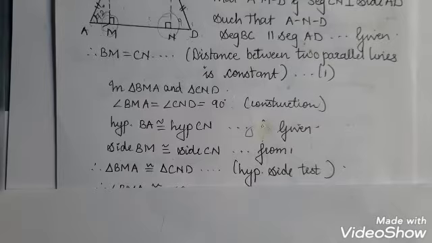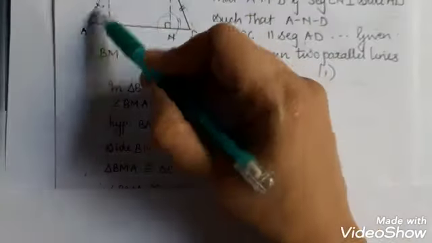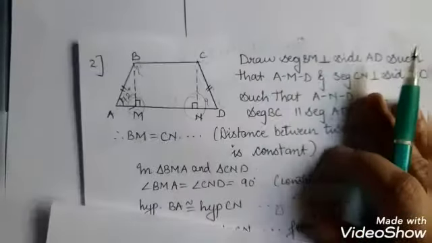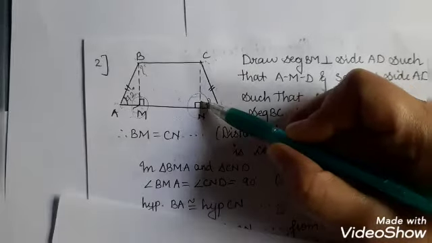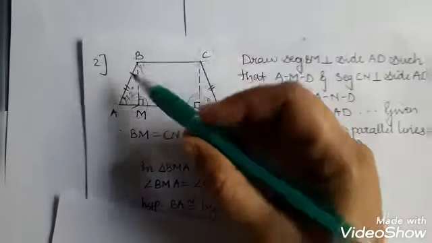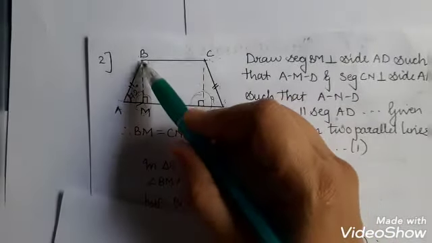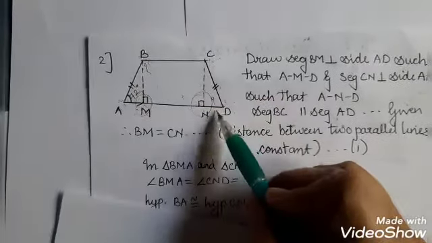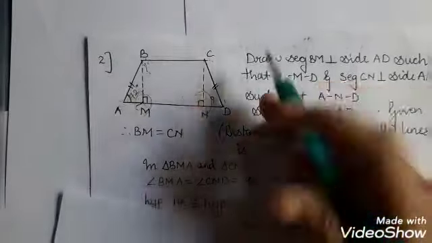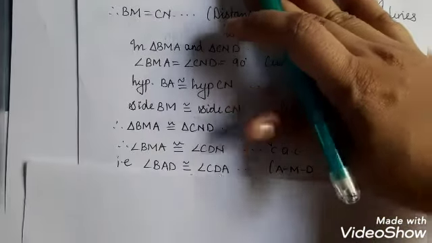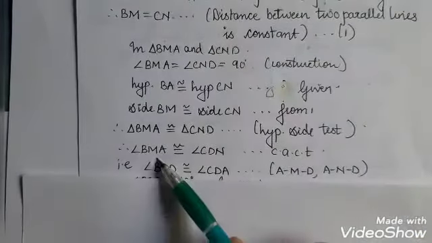I will take the corresponding angles. So the corresponding angles are angle BAM. Okay. Angle BAM is congruent to angle CDN. But angle BAM lies inside the angle BAD. So in place of BAM, I can write BAD.